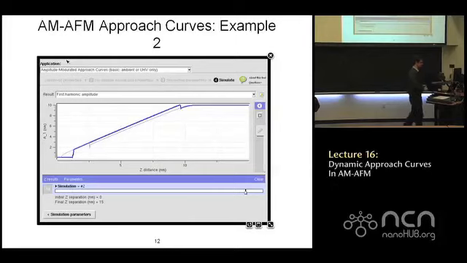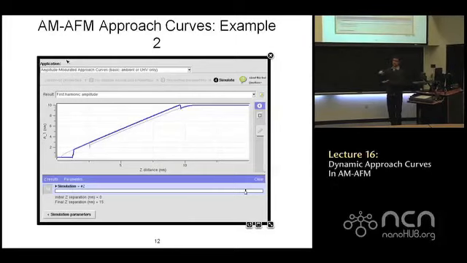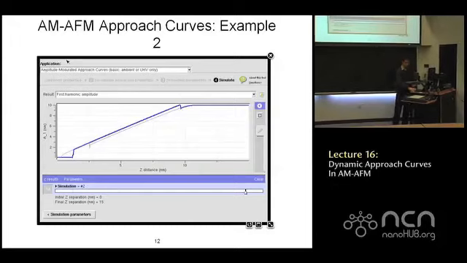In one case, we approach the sample, we feel the attractive van der Waals forces reducing the amplitude, and then at the same set point on retraction, at the same Z distance, we're actually tapping on the sample, just based on initial conditions. Because this is a nonlinear system, we can't assume too much that it'll behave nicely, basically.